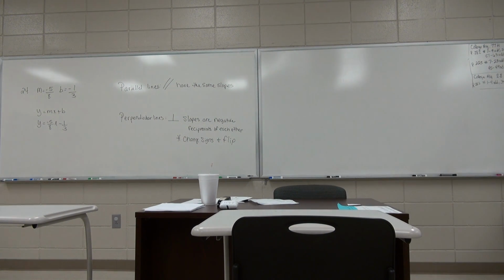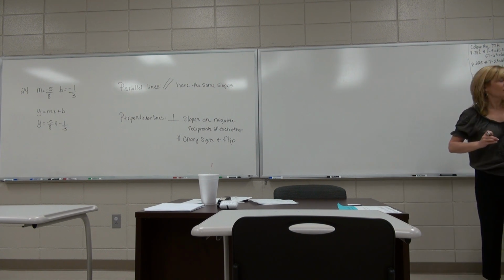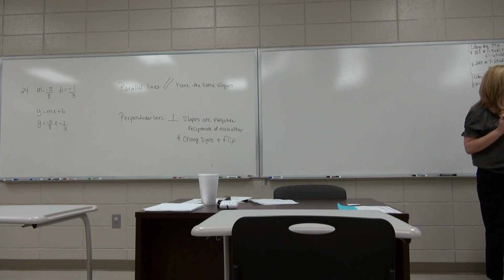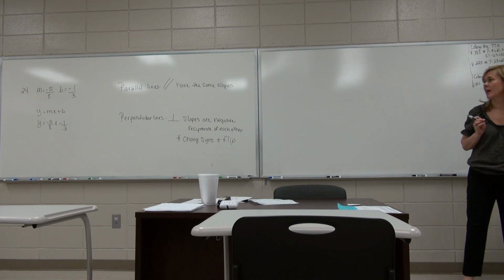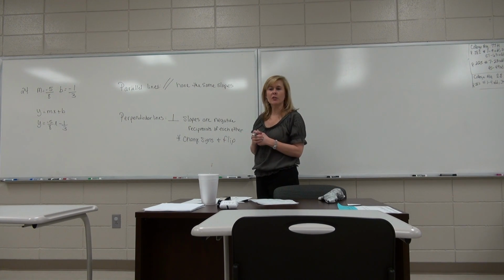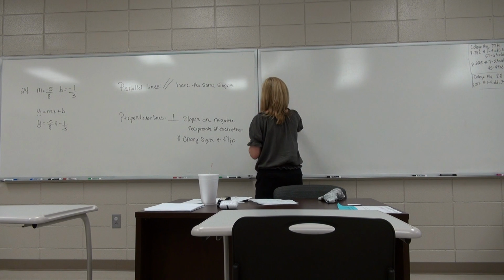So to show you what a perpendicular line would look like, these lines are perpendicular. You see how they make a perfect cross, perfect 90-degree angles right there where they intersect? That's an example of perpendicular lines. Well, let's talk about what I mean by saying slopes are negative reciprocals, the whole changing the sign and flipping it.